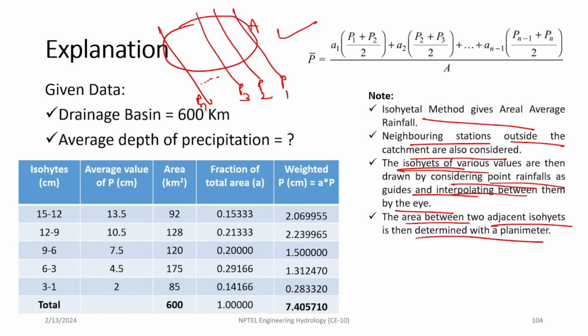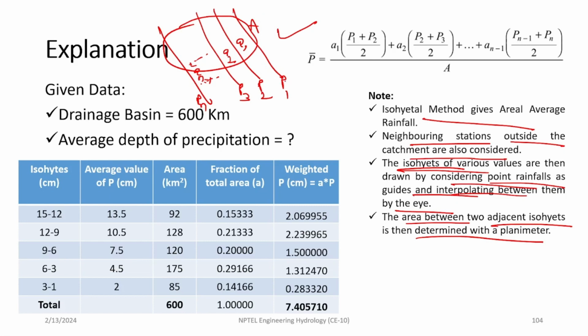Also assume that between these ISO heights there is an area, A1 between P1 and P2, A2 between P2 and P3, and similarly we get An minus 1, because at the last we are not bothered, we are only considering the inner part.